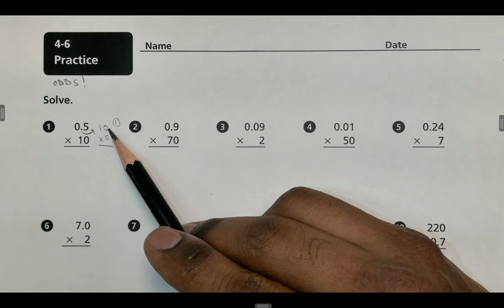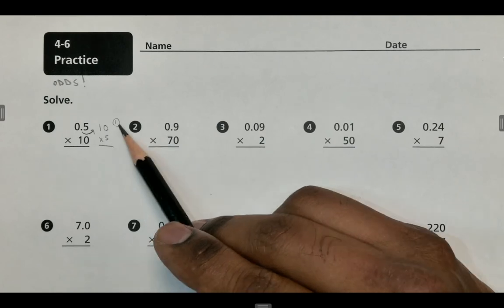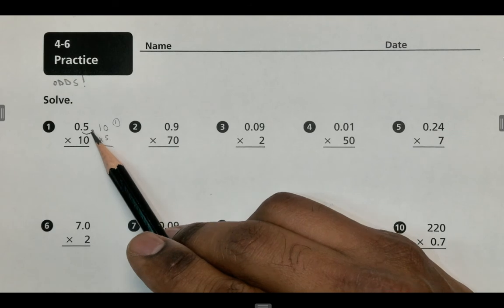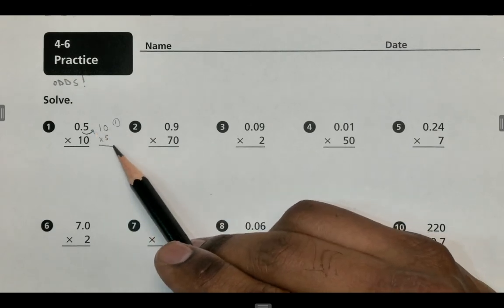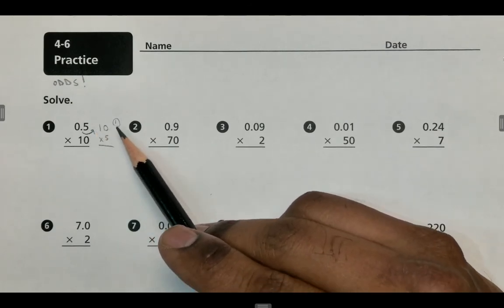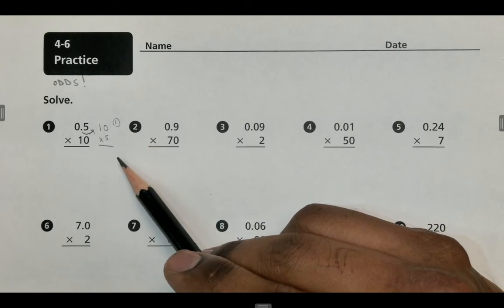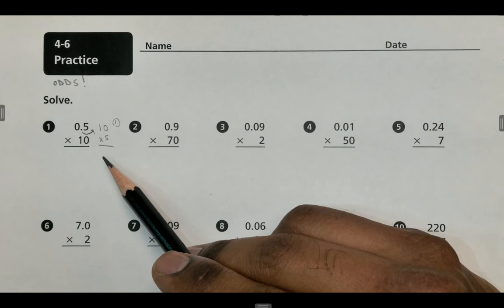So now I've rewritten this problem as 10 times 5, but I've made a note to myself that I've pushed a decimal point one place value. This is important because at the end when I solve this, I need to balance out that move by coming in one place from the end and inserting a decimal point one place to the left.